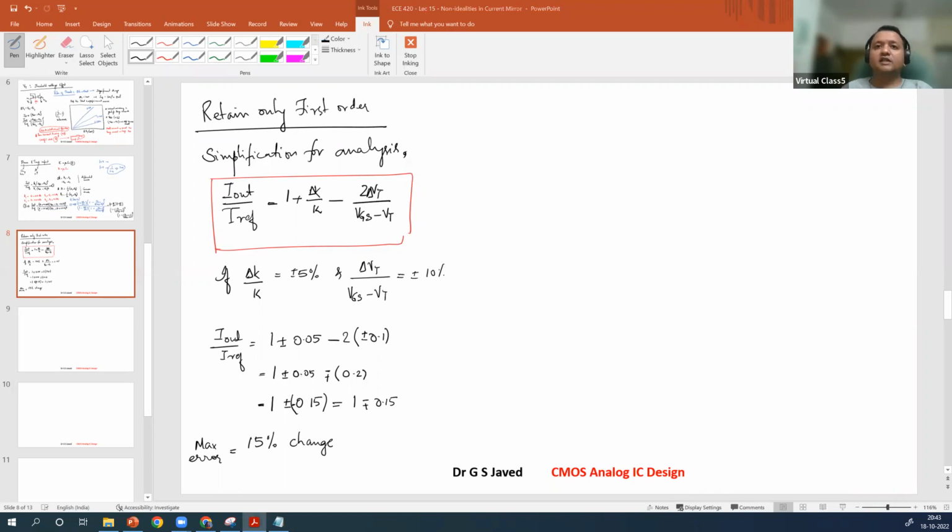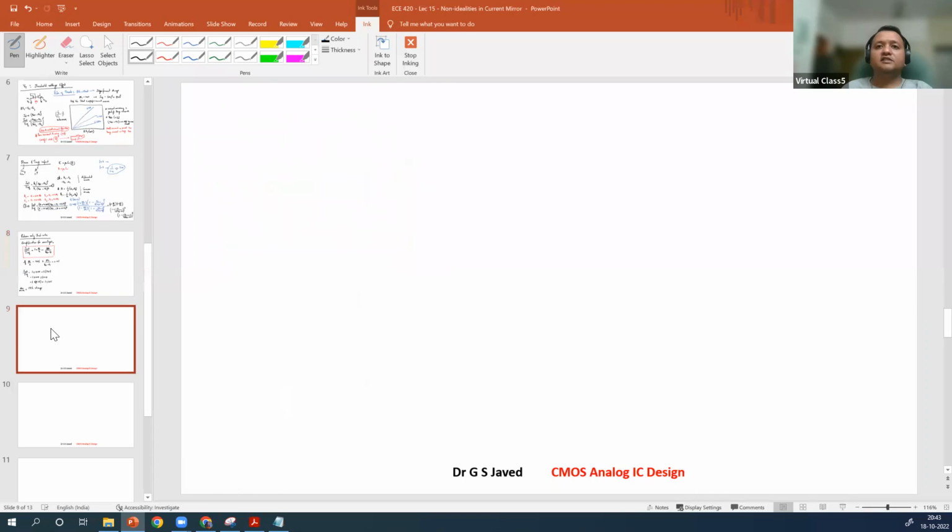So the last change that we will look at is mismatch in geometry, or it would be called mismatch in aspect ratio. So what are the mismatches that you will see?